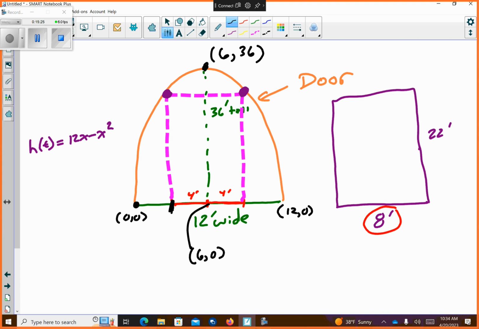Okay, so my friends, what is this point right here? What do you think? Based on what we know. 2 comma 0. And then this one should be 10 comma 0. All right, now let's think about how we got to that. If this is exactly at 6, if I count left 4, because it was 4 this way, I go 5, 4, 3, 2.